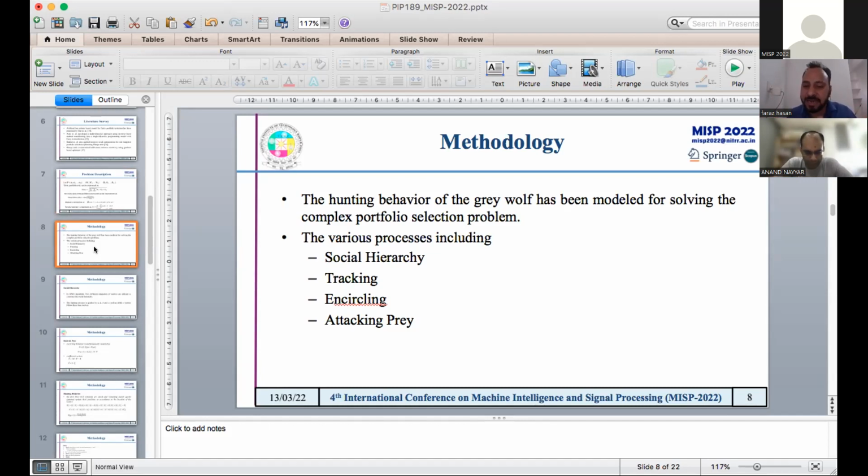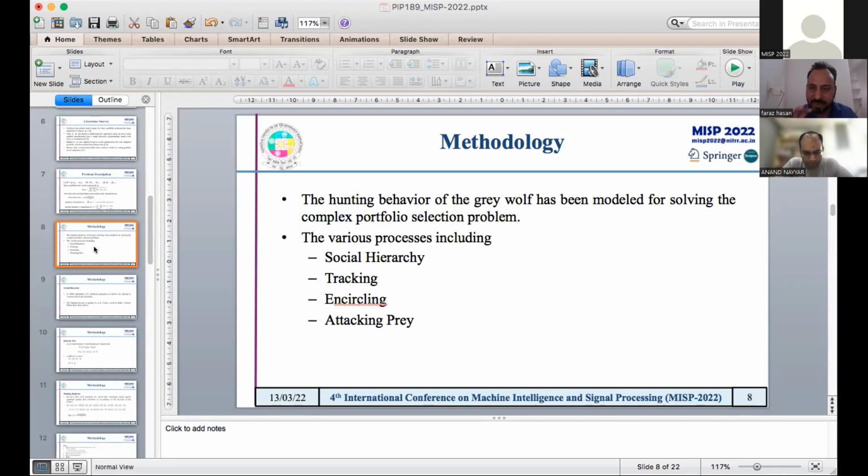wolf always attacks in a group, right? So it creates a social hierarchy around the prey. It can easily track the prey, the group of wolves can encircle the prey, and then the leader of the wolves can attack the prey. So attacking prey. All these are the 4 different processes of the gray wolf.